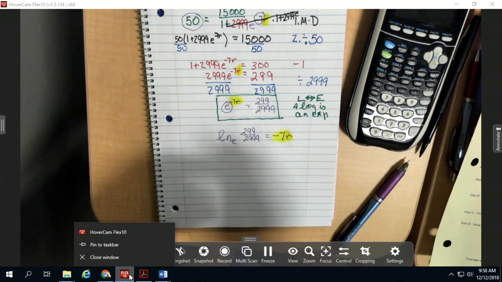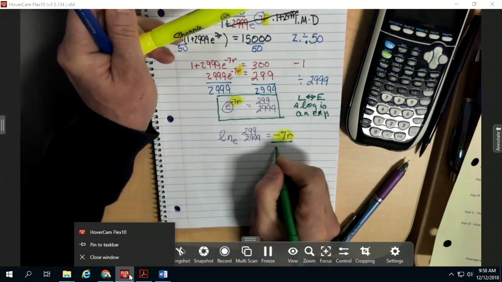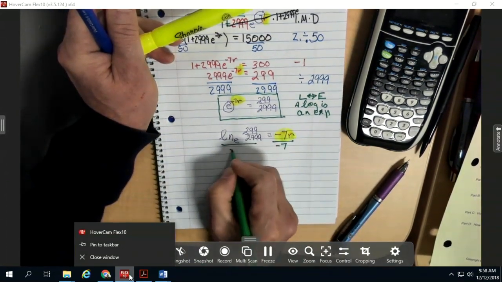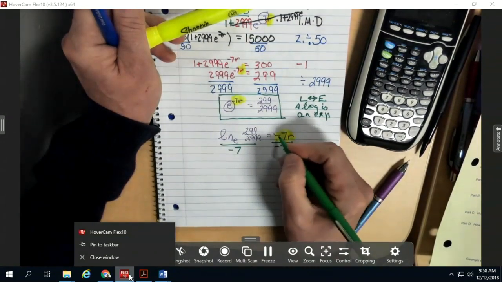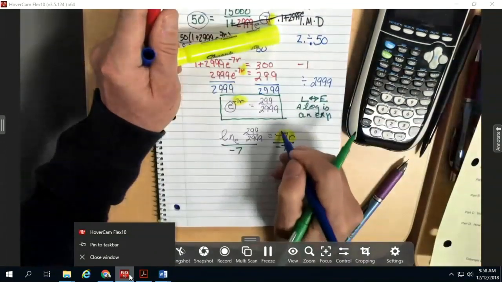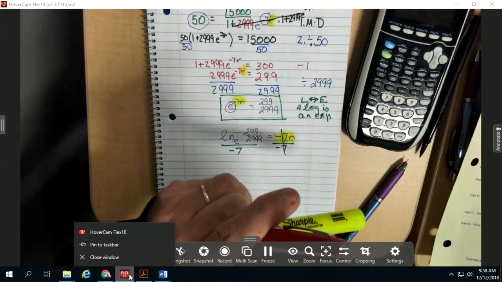We have one more thing we can do to both sides: divide by negative 7, right? And we will have r.